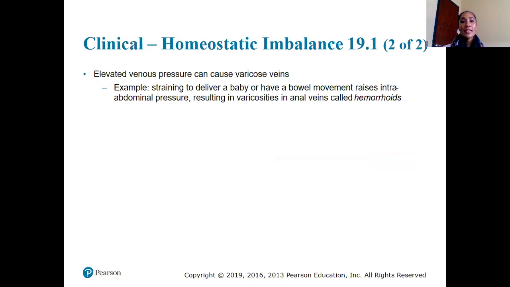For instance, if I'm straining to push out a baby, or straining to have a bowel movement, that raises my intra-abdominal pressure, which results in varicose veins in the anal area, which we call hemorrhoids. And if you've ever experienced hemorrhoids, they're not comfortable at all.